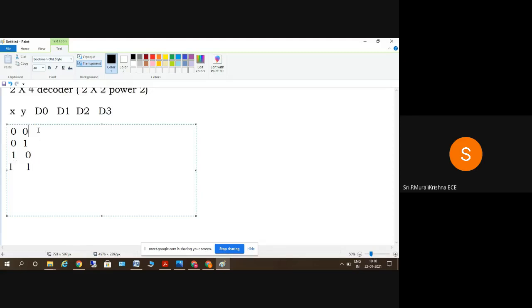For a decoder, with two inputs it will generate four outputs, but only one output will be active at a time, and the remaining outputs are inactive. Active means it is 1 and all the remaining are zeros.